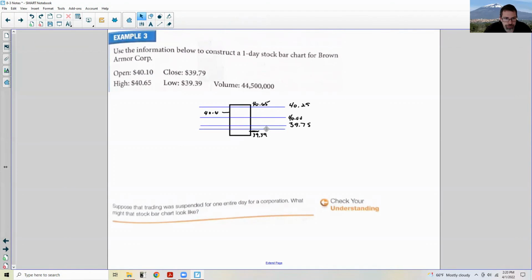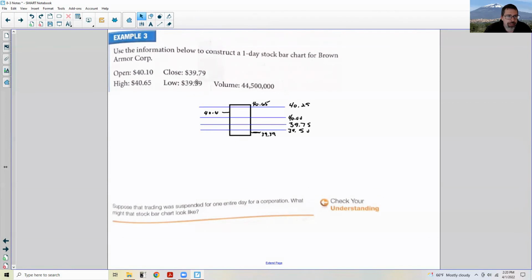So then 39.50 might be down here a little further, and that 39.39 might be down even lower than this. Okay, this is 39.50. And all these lines should be equidistant. And so 39.50, 39.75, 40, 40.25.